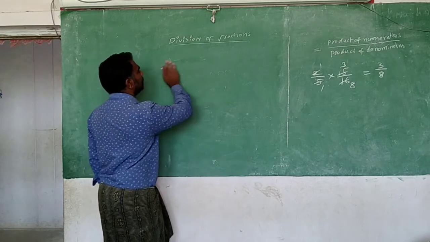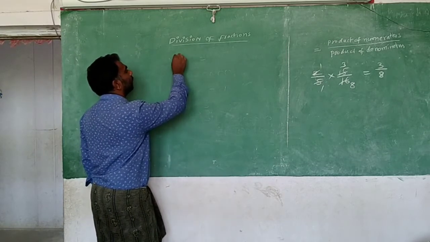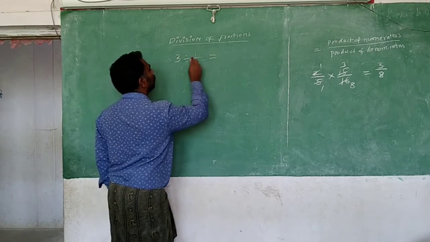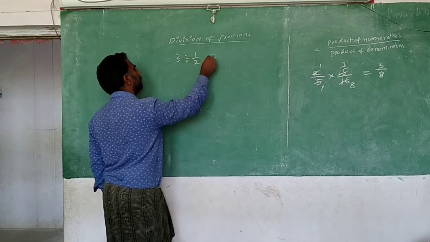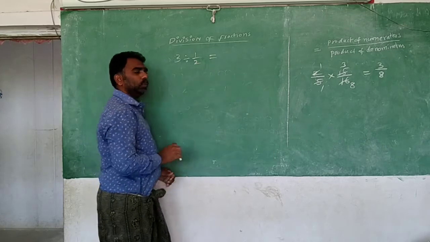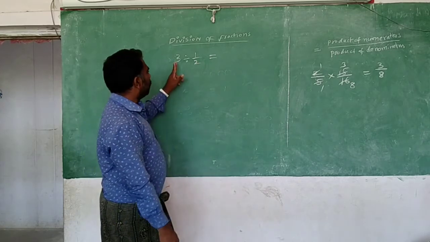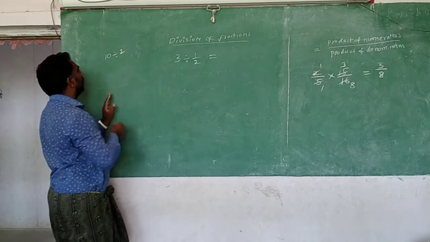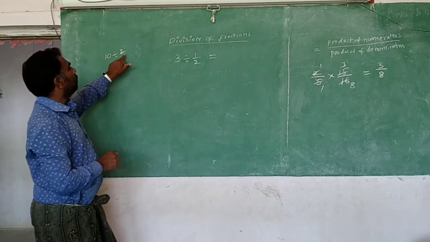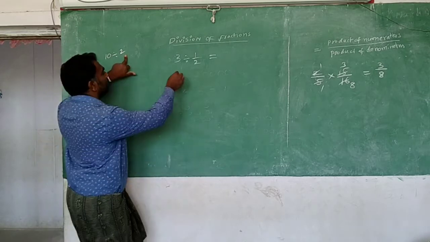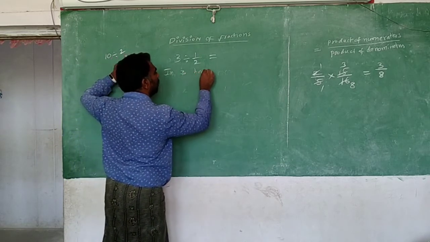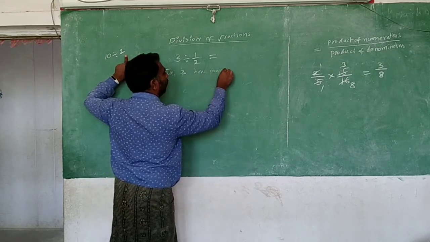You see, 3 divided by 1 by 2 is the question. So what is the meaning of this? Just before, I gave the example: 10 divided by 2 means in 10, how many 2's are there? Same like that, in 3, how many 1 by 2's are there?